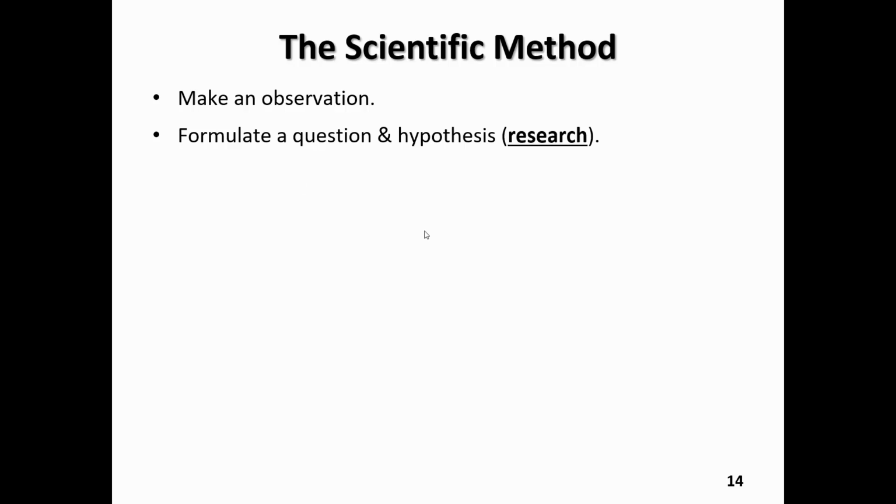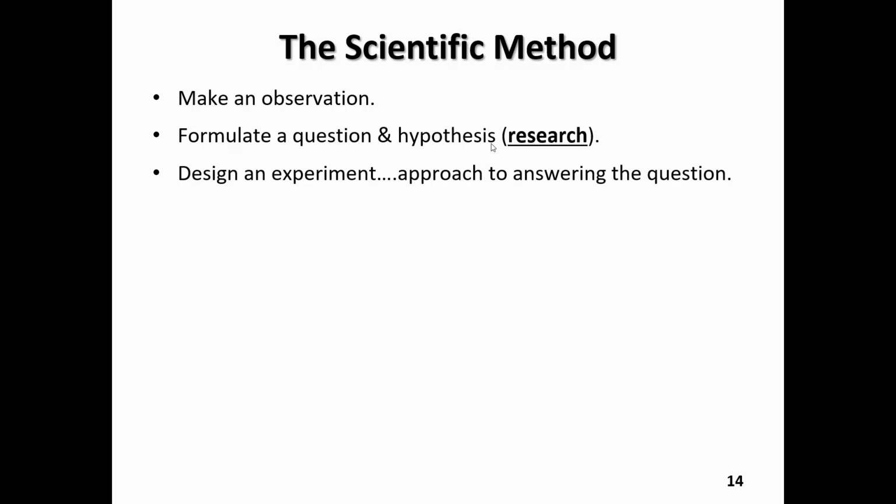Before we make the observation, we formulate a research question and we generate the educated guess based upon our reading, our knowledge of the theory and previous research, and we come up with a research hypothesis.